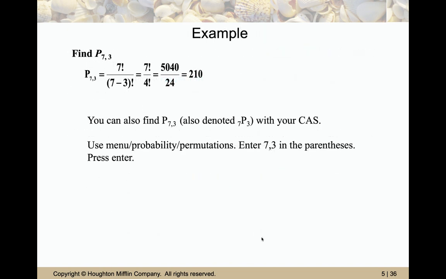So if I want to find the number of permutations of 7 objects taking 3 at a time, it's going to be 7 factorial over (7 minus 3) factorial, and that turns out to be 210. You can also find this with your CAS. You're going to do menu, probability, permutations, and then put 7, 3 in the parentheses and press enter.